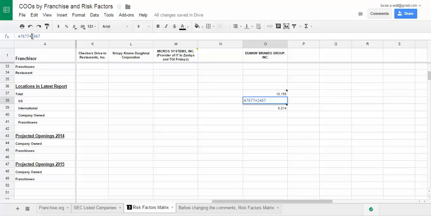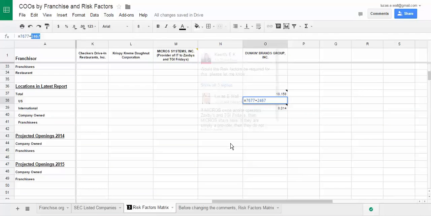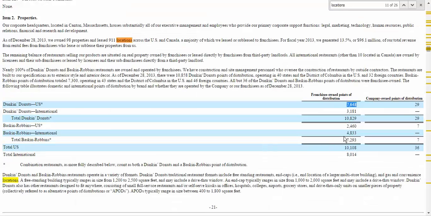7,677 plus 2,467, and if you check, the numbers are exactly this, 7,648 Dunkin' Donuts United States. 7,648 plus 2,467 plus 24, what happened here?